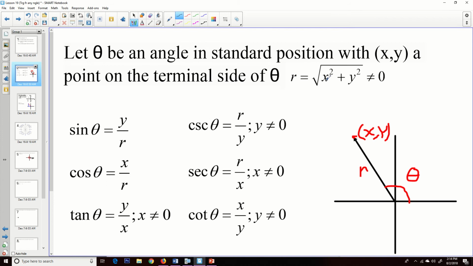Our r is the square root of the sum of the squares of both the x and the y value. Then y over r is our sine value, x over r is our cosine value, and y over x is the tangent value, with the cosecant, secant, and cotangent being the reciprocals of their corresponding trigonometric functions.